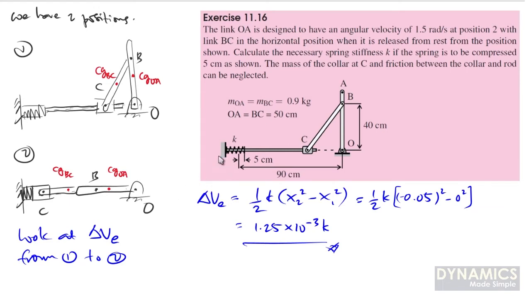Again, we have to look at position 1 and position 2 and compare what happens. In position 1, the spring is as shown here. In position 2, the collar will compress the spring by 5 centimeter. So X is our change in spring length.